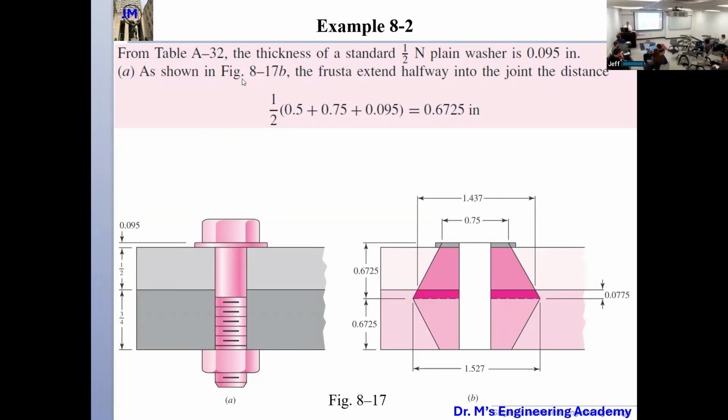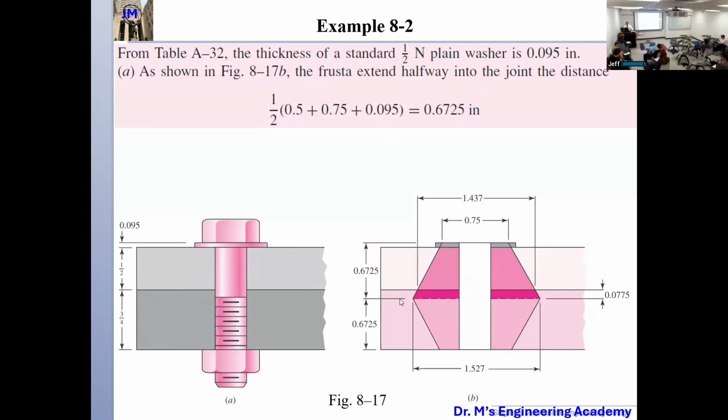Then for the figure here, on the first halfway, you need to get the halfway from the bolt head to the knot. How to get the halfway? You put together the thickness of the washer, the thickness of the first plate, and the thickness of the second plate, and divide by 2. Right? So here it will be our midpoint.